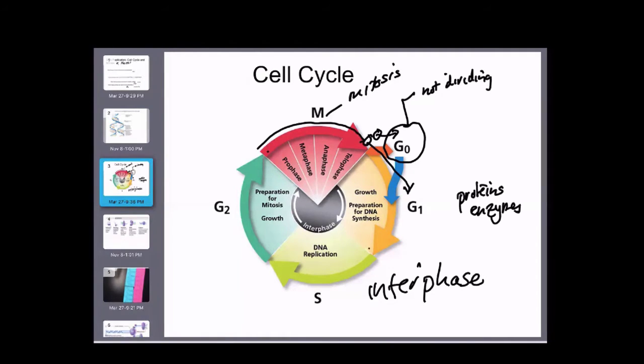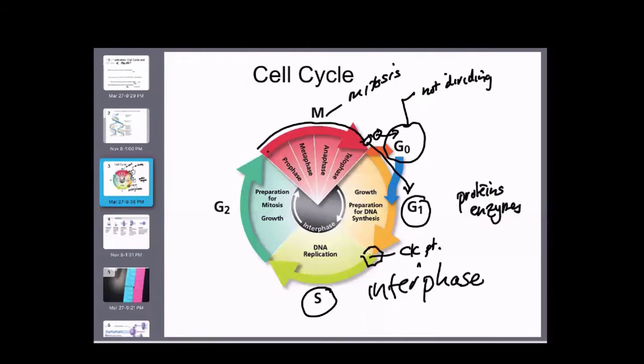The other thing is we have specific checkpoints. There are checkpoints to prevent cells from going into the second part of interphase, because if the cell's not ready and it carries on, it's not going to do what it's supposed to do, and ultimately you're going to have a mess and the cell's going to have to die.